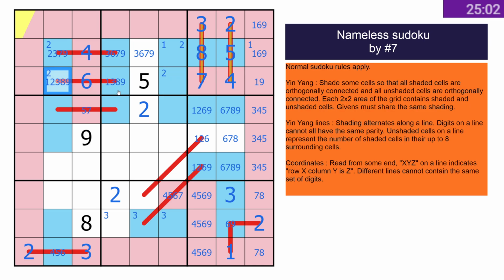Yes, okay, that breaks. If this cell here is a 2, you can't be saying where in column 6 is a 2, because that would need to be a 2. You'd have to be saying in row 2, column 6.